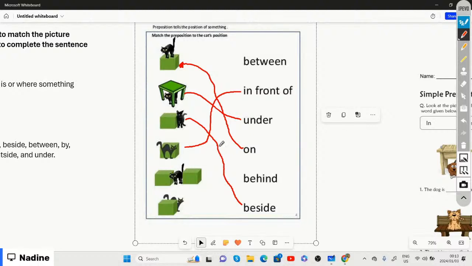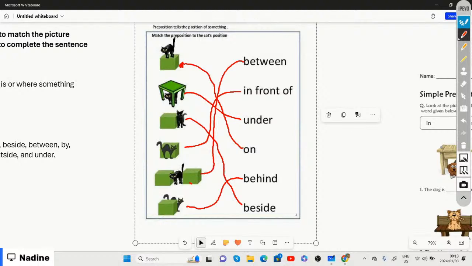If we have the cat in the middle, then we can say that the cat is between the boxes. So in the middle is like saying the cat is between the boxes. And then lastly, the cat is behind the boxes.